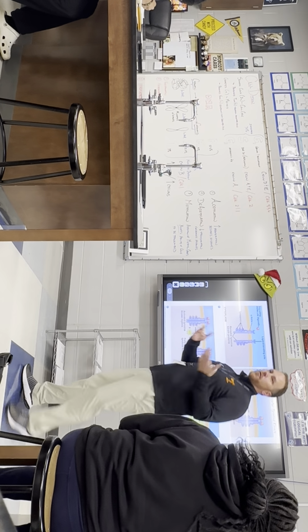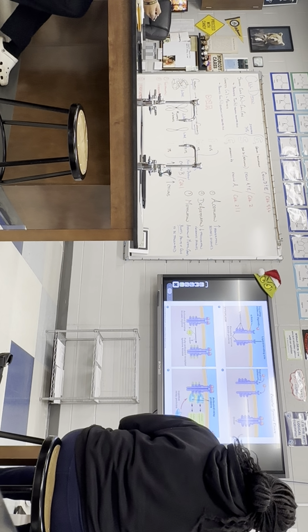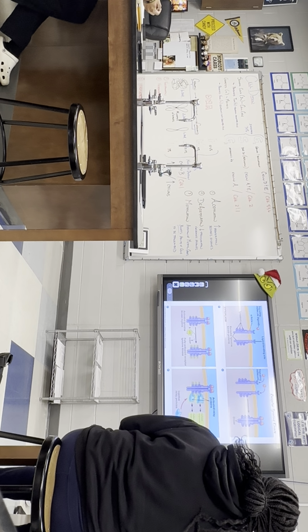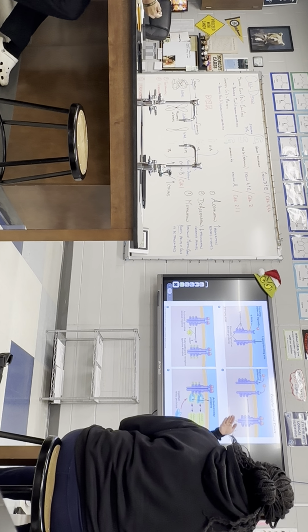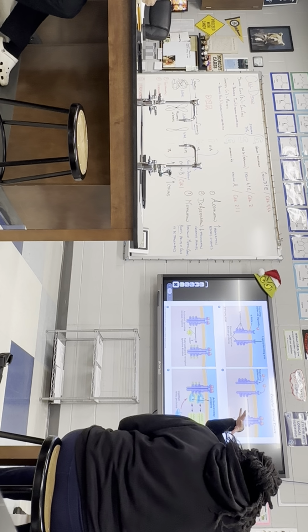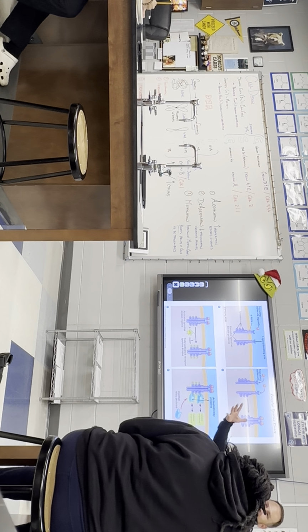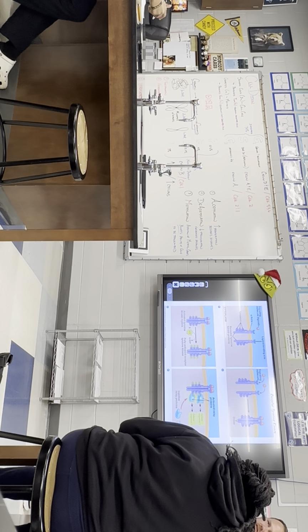So tyrosine kinase receptors are the best form to do that, because each of these tyrosines that are phosphorylated, now they can activate a very specific pathway. So this is, remember, this is reception. But once these cellular responses, or those signals are sent, now we're into the transduction stage.